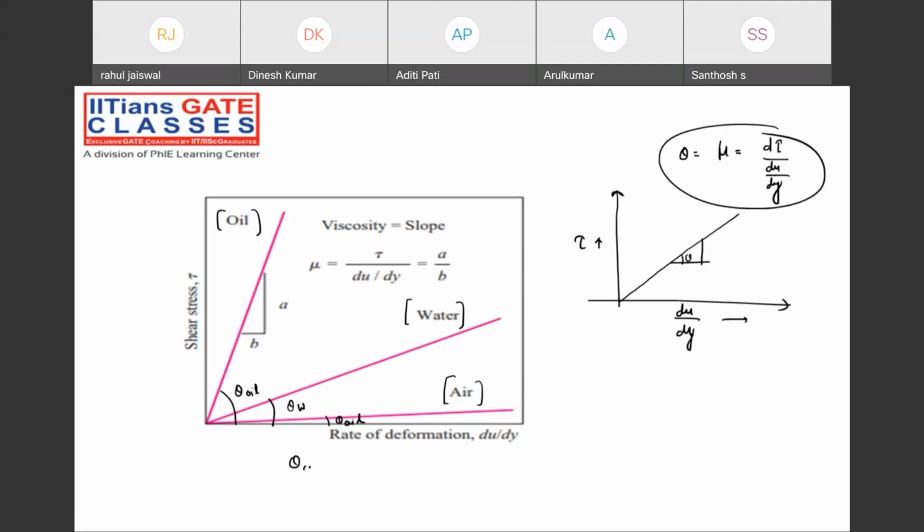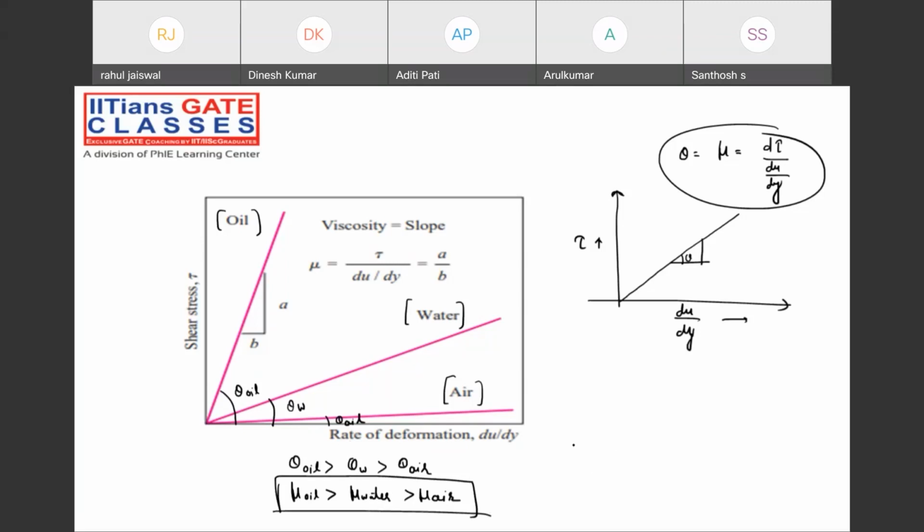So theta of oil is more than theta of water, more than theta of air. So viscosity of oil is more than viscosity of water, than viscosity of air. Please note down, very, very important, just by observing the graph between the shear stress as well as rate of deformation.